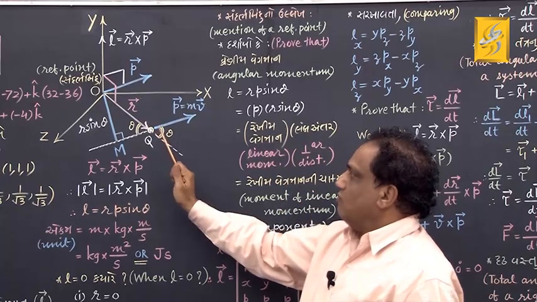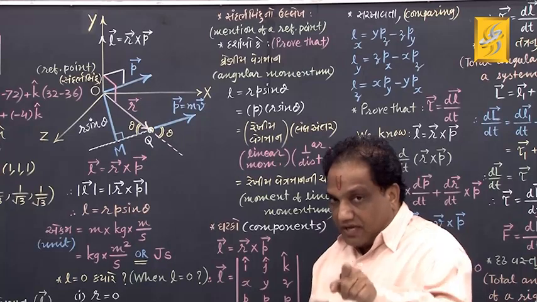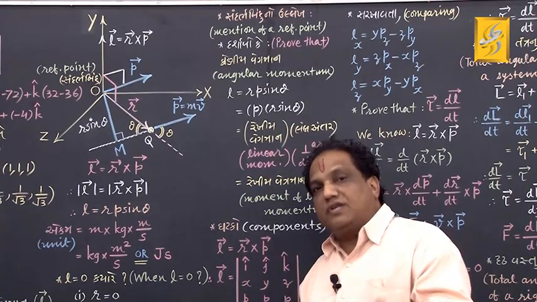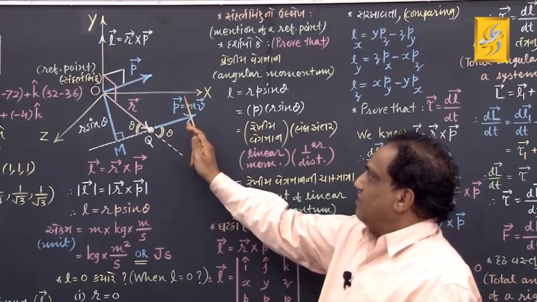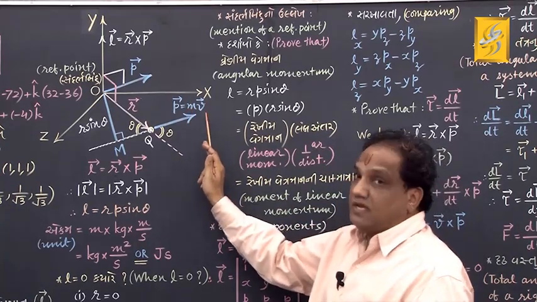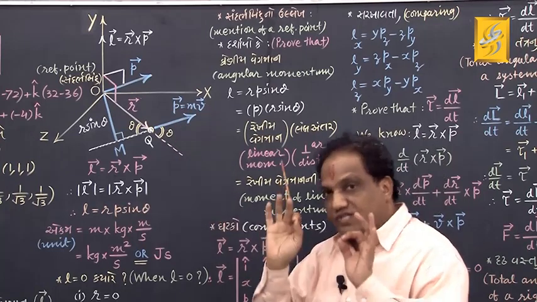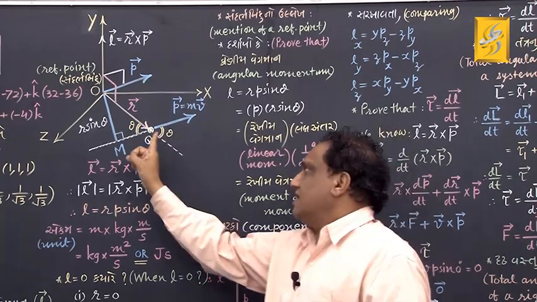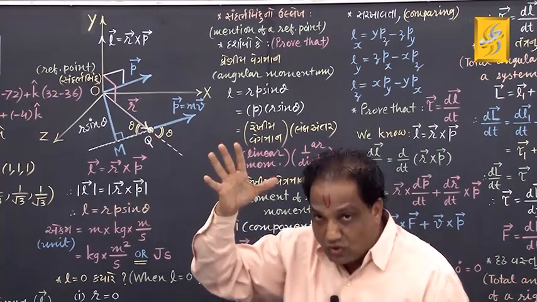Suppose this particle moves in this direction. In whichever direction the particle is moving, in the same direction it will have its linear velocity. And you know vector p equals m into vector v. It shows that directions of vector p and vector v are same. So in the same direction the particle will have its linear momentum also.